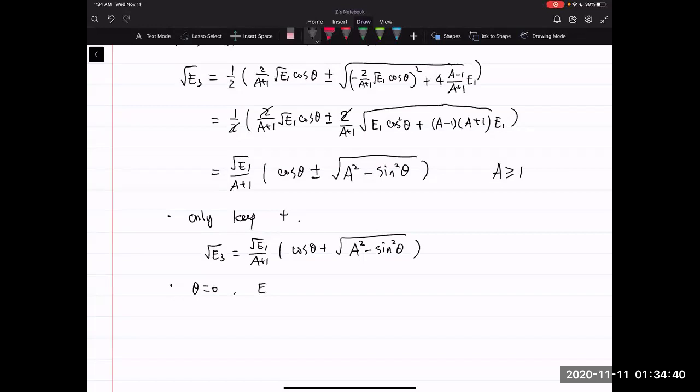Then E3 is E1. So in the forward direction, the scattered neutron has exactly the same energy as the incident neutron.